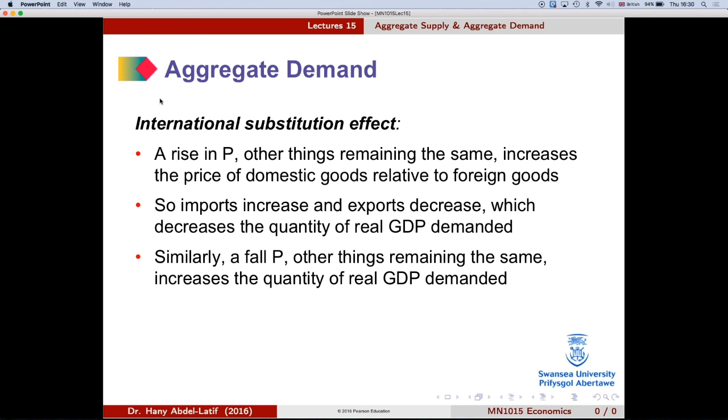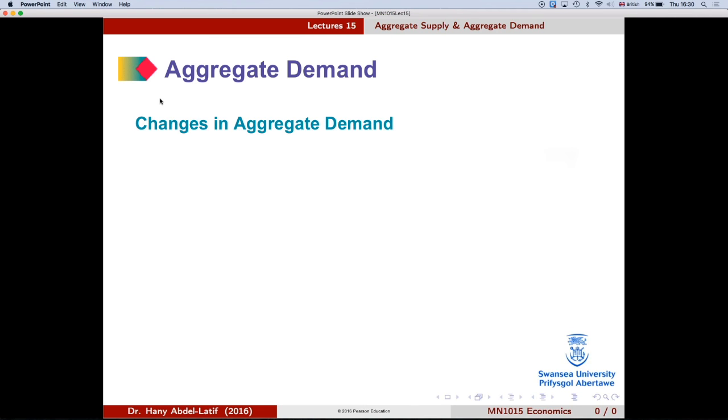The substitution effects has two effects: the intertemporal effect, which happens through the impact on the interest rates, and the international substitution effect, which happens when comparing the domestic prices to the foreign prices, and that impact happens through the change in exports and imports. So these are the reasons why we have a downward-sloping aggregate demand curve.